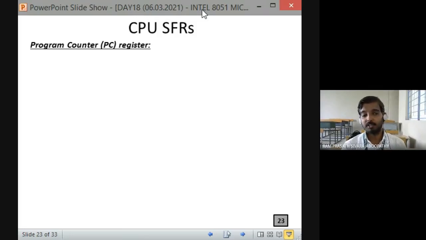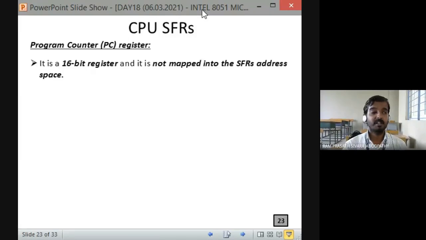What about the function of the program counter? Generally the same as in 8051 also. What will the program counter do? Yes, address of the next instruction to be fetched. It points to the address of the next instruction to be fetched. It is a 16-bit register and it is not mapped into the SFR address space.